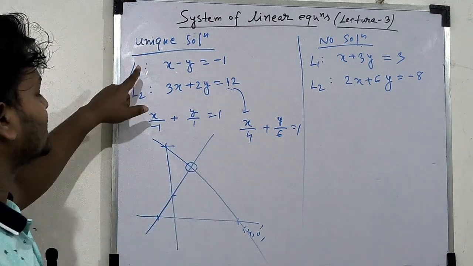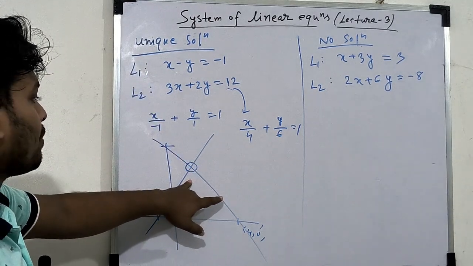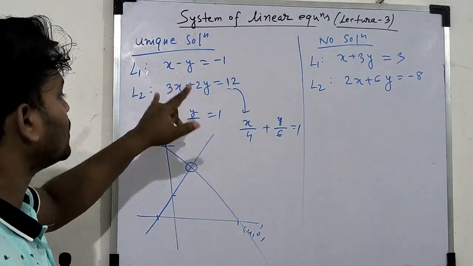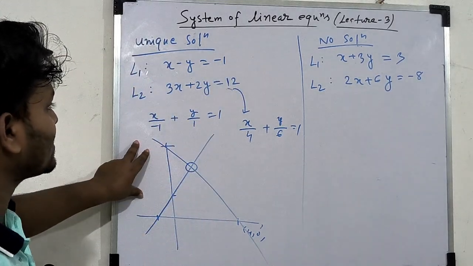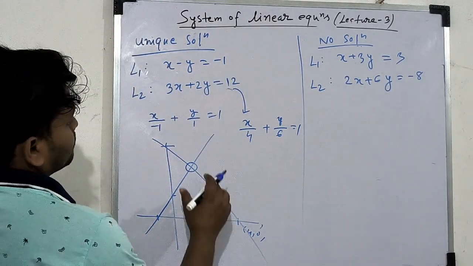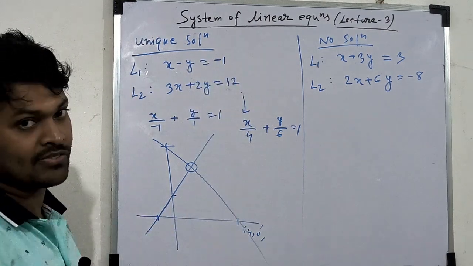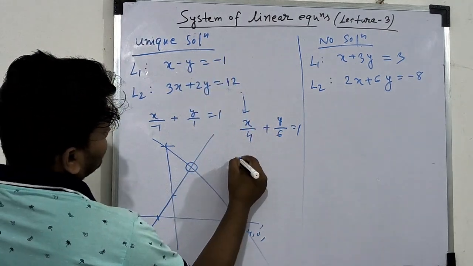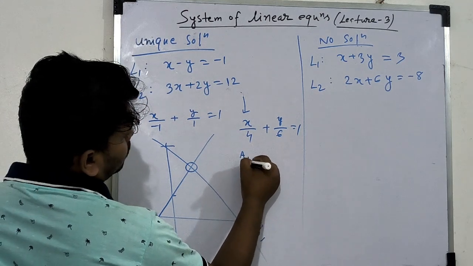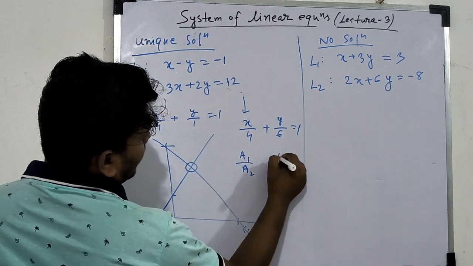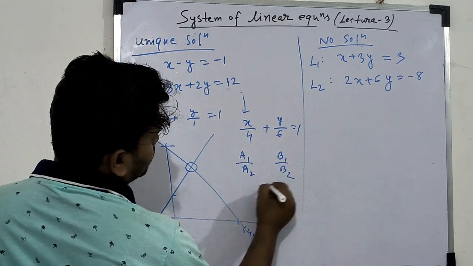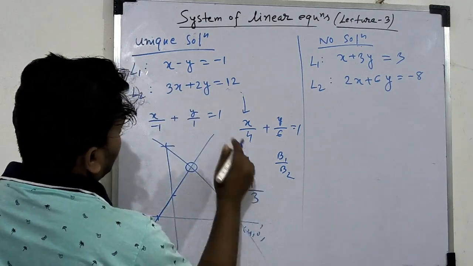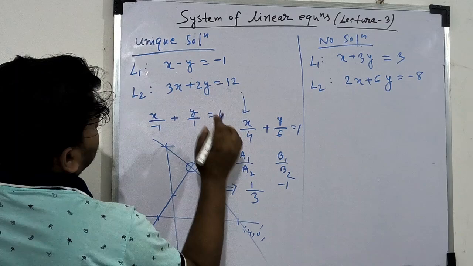So these lines cut at exactly one point. This system of two equations will have a unique solution. This is from the graph, and also these two lines have different slopes. If you find a1 by a2 and b1 by b2, a1 is 1, a2 is 3, and b1 is minus 1, b2 is 2.